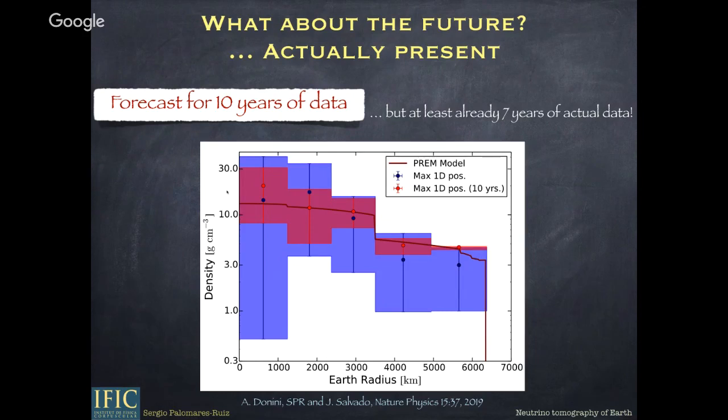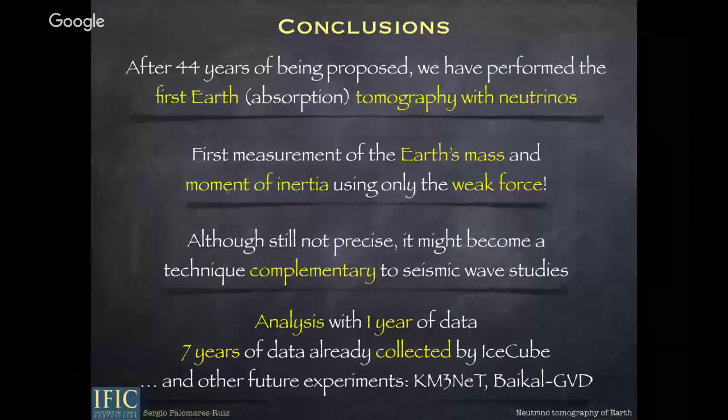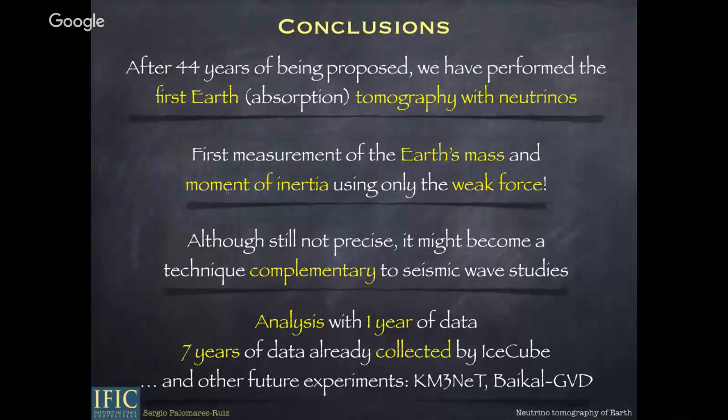Okay, so let me just conclude. So after 44 years of this idea of neutrino tomography being proposed, we have performed the first Earth absorption tomography with neutrinos. This is the first measurement of the Earth's mass and moment of inertia using uniquely the weak force.